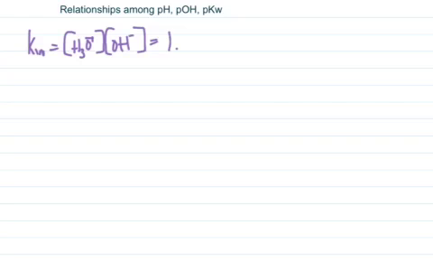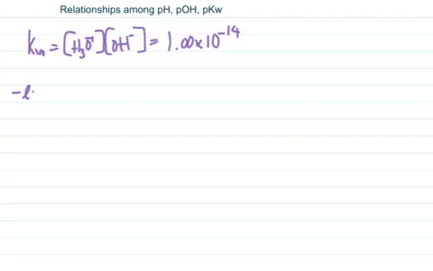So if we know that Kw is equal to hydronium and the hydroxide, and it's equal to 1.00 times 10 to the minus 14th, we can now take the logs of all of these.